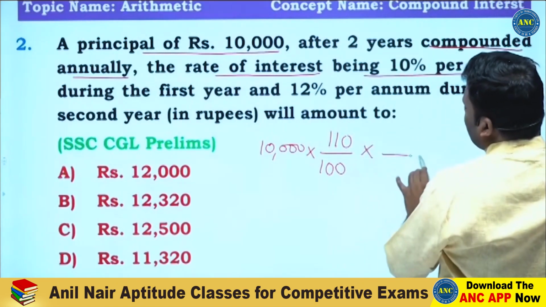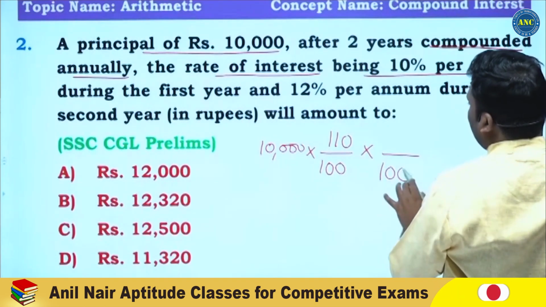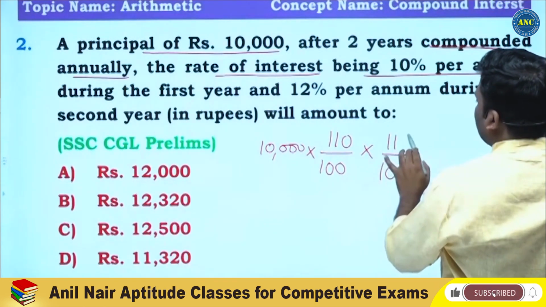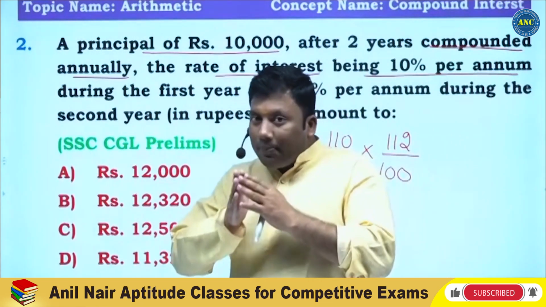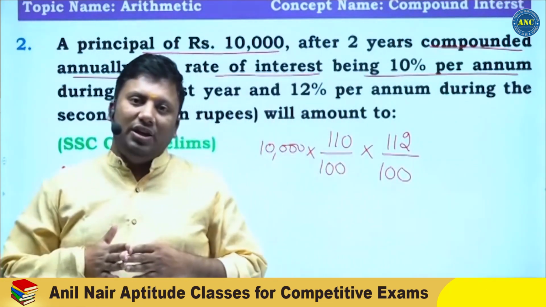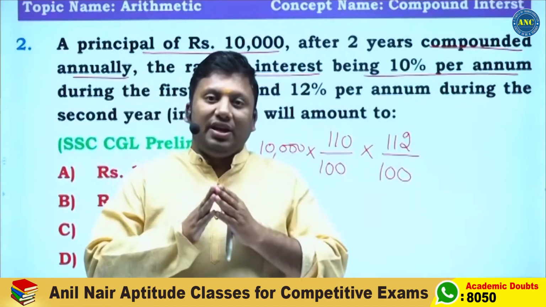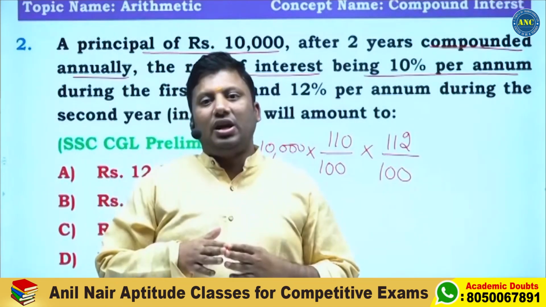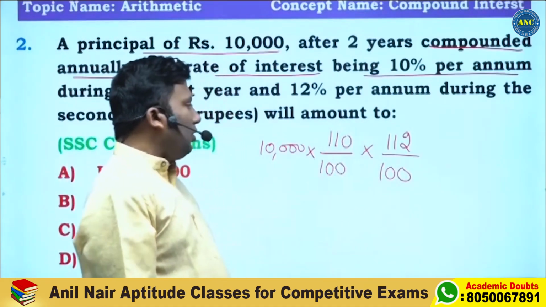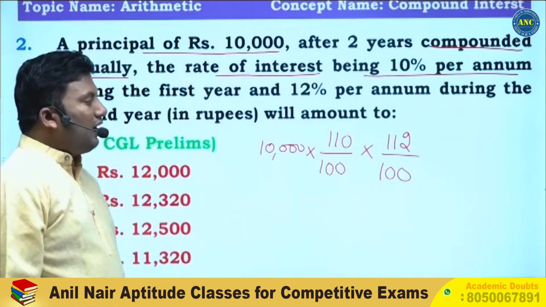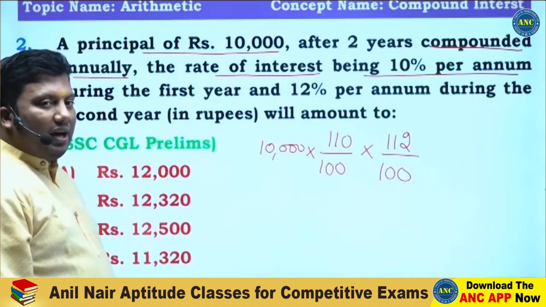Second year, he said, in second year, I will charge you a little more. I said, how much will you charge? He said, I will charge you 12%. 12% rate of interest means 12% increase. 12% increase means on 100, 12 more. So 10,000 into 110 into 112 divided by 100.